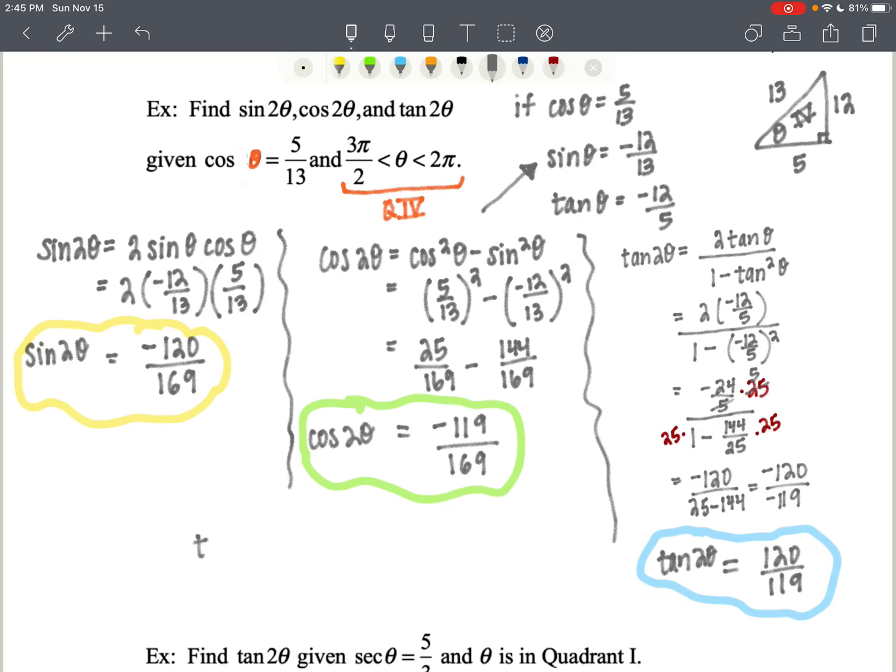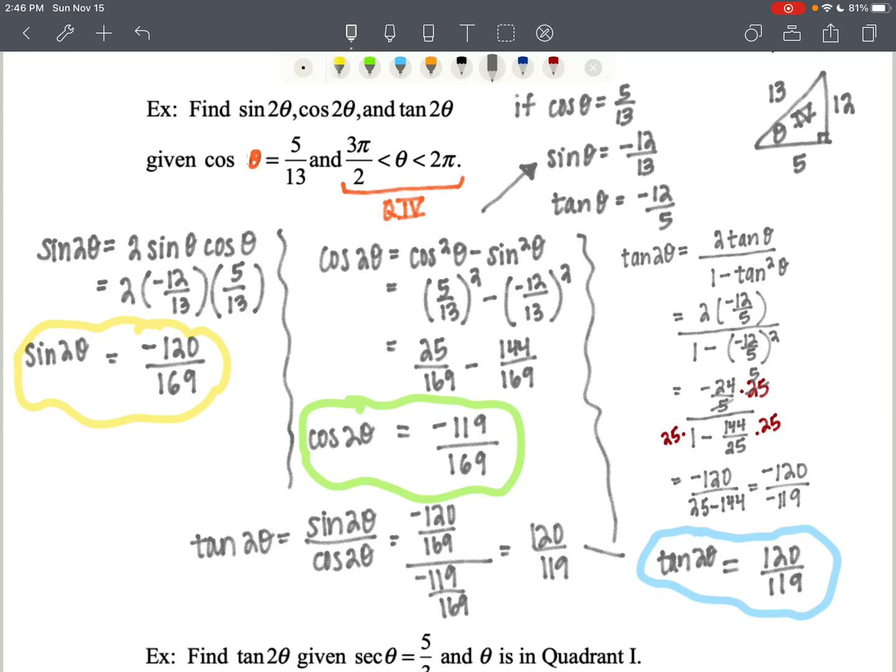Now, if you said that the tangent of 2 theta is also equal to the sine of 2 theta over the cosine of 2 theta, you would have been right. And negative 120 over 169 divided by negative 119 over 169 is in fact 120 over 119.